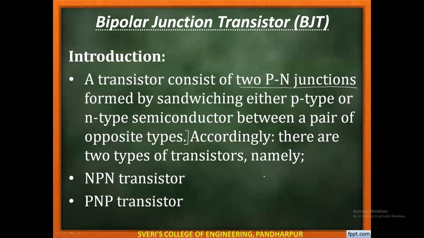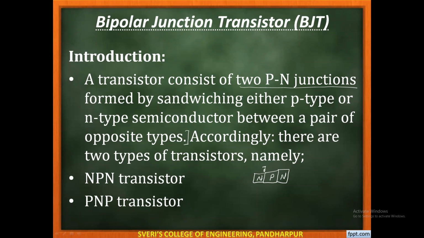It means that if a P-type semiconductor, suppose I say that this is a P-type semiconductor, is sandwiched between the pair of two opposite type, and the opposite type is what? N-type. So when it is sandwiched in between the N-type semiconductor, then this is called an NPN type of transistor here. And one more thing is that the transistor consists of two junctions.